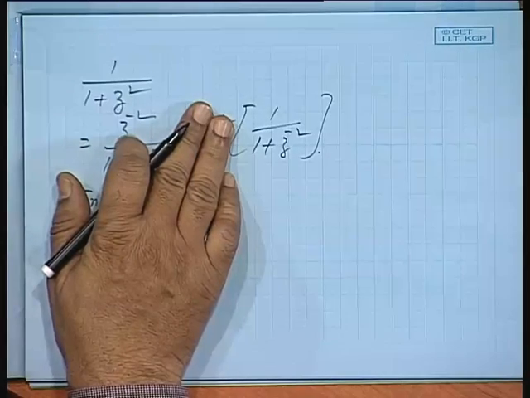If you consider the operation of Z inverse as equivalent to just one shift, then Z to the power minus 2 is equivalent to 2 shifts.